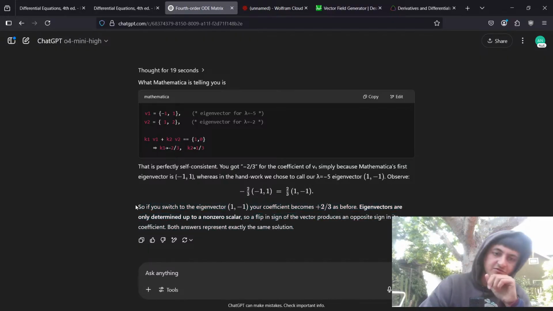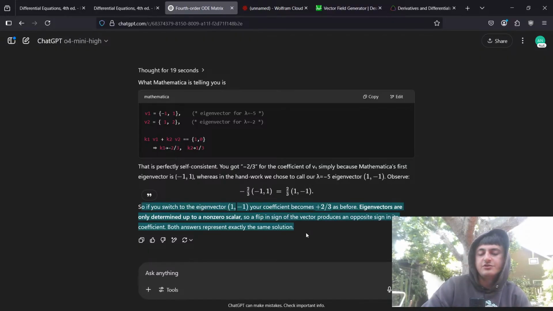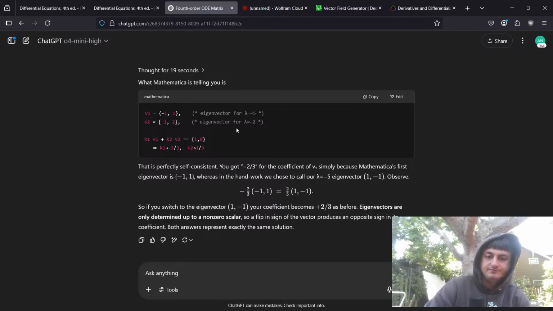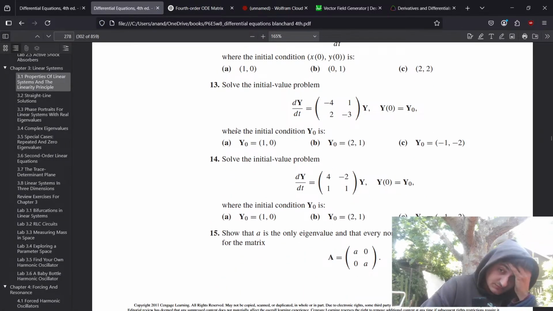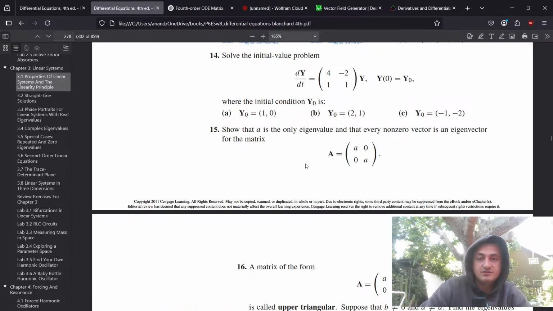Eigenvectors are only determined up to a non-zero scalar, so you can just switch them. Okay. We don't need to keep going on that. Let's see.